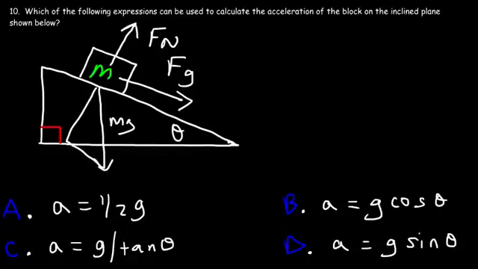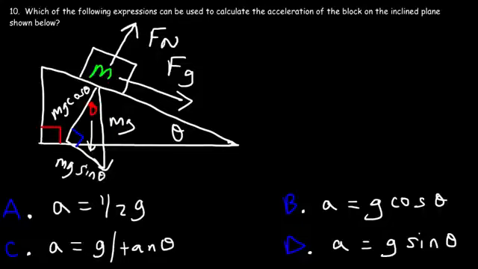Let's turn it into a right triangle. So this angle is the same as the angle here. Now this side is adjacent to the angle, so that's going to be the hypotenuse times cosine theta. So that's mg cosine theta. And opposite to the theta, we have this side, which is going to be mg sine theta.